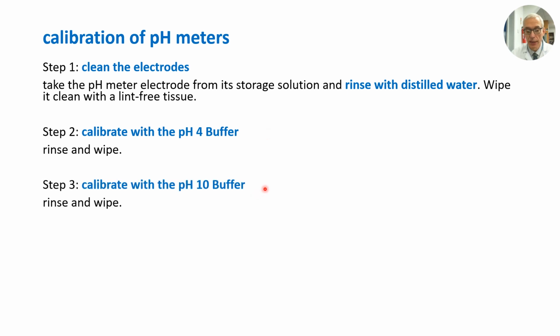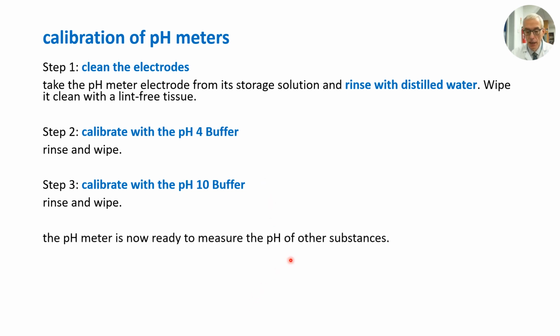Then you calibrate your meter with a buffer at pH 10. Now the pH meter is ready to use to measure the pH of other substances. In between the pH measurements for different substances, you should rinse with distilled water. I think that will just about cover all possible marking points.